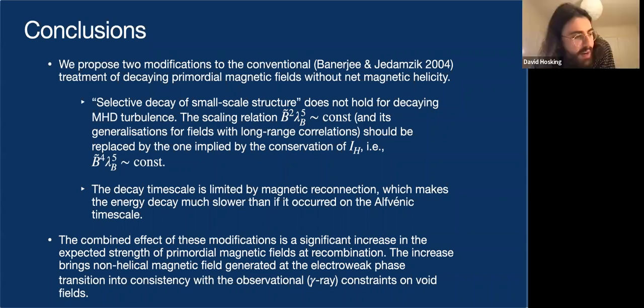Yeah, I think that's right. But I think it's likely to be quite different, the amount of dynamo that you have within a collapsing structure to the amount of dynamo that you have in a void that's just being left by the flows. But I guess my point is you don't need any dynamo action. You don't have to rely on any flows.